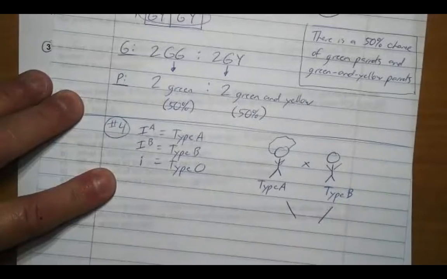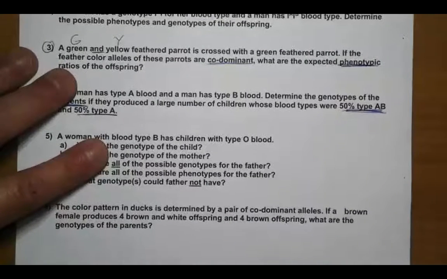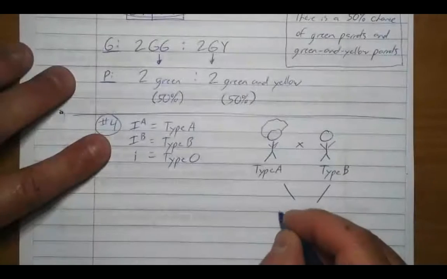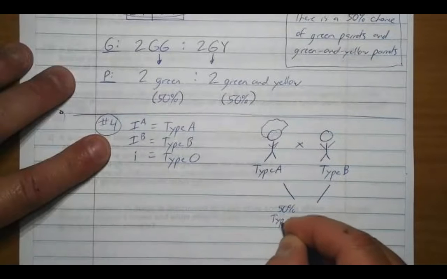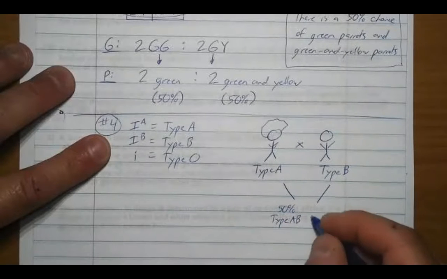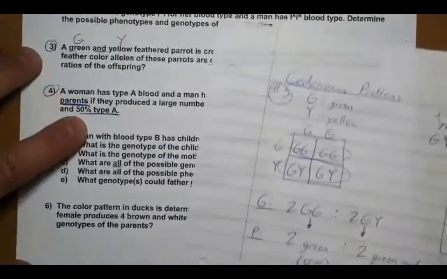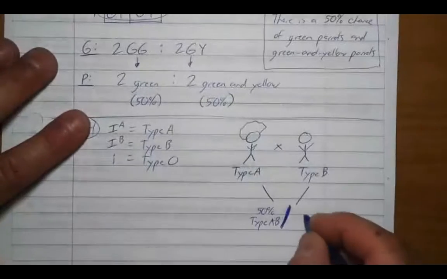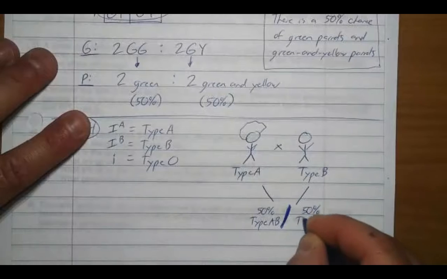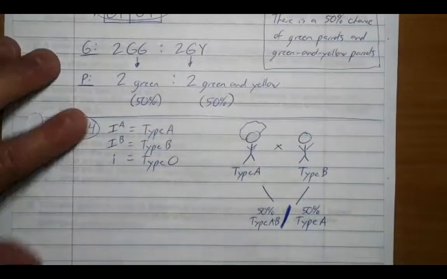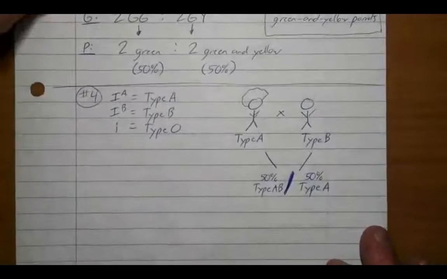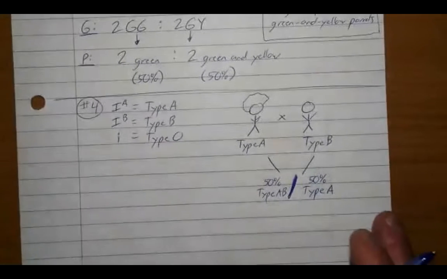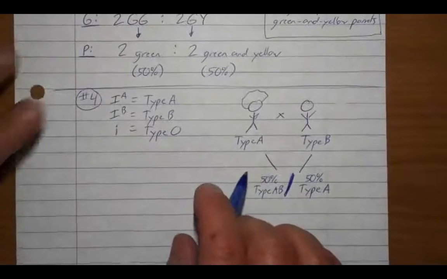They had a whole bunch of children, and the children were 50% type AB and 50% type A. All right, so I got that in picture form. So you might be saying, oh, how do we do this? Well, some people will try to do this in your head.